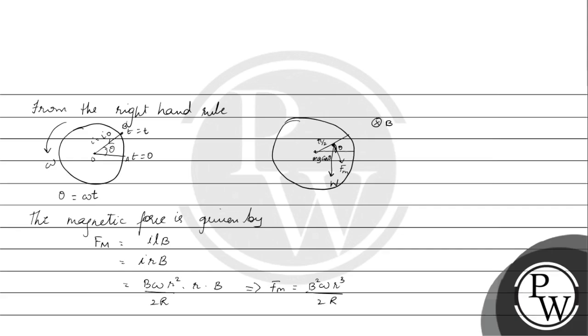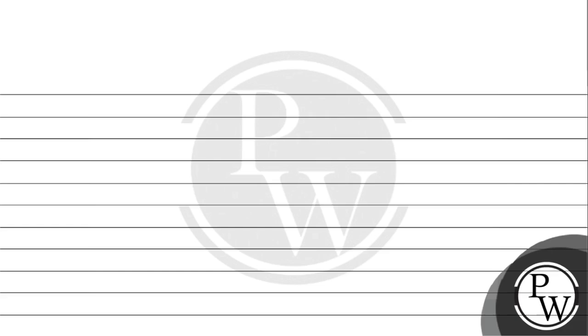Now we also have the torque due to the magnetic force. वो हम tau m represent करेंगे. So that is equal to Fm into R by 2.